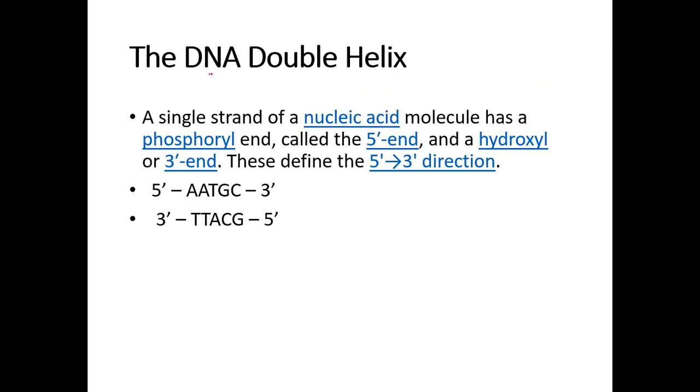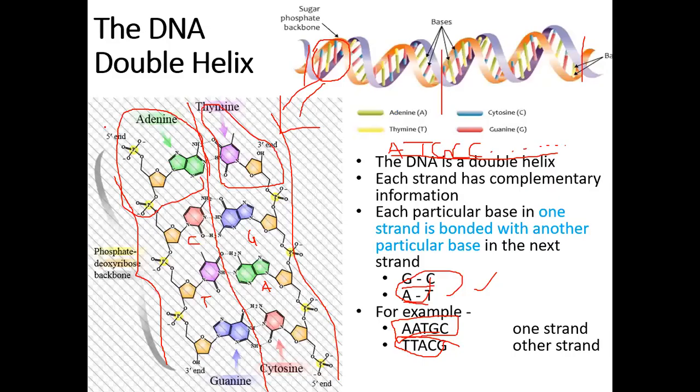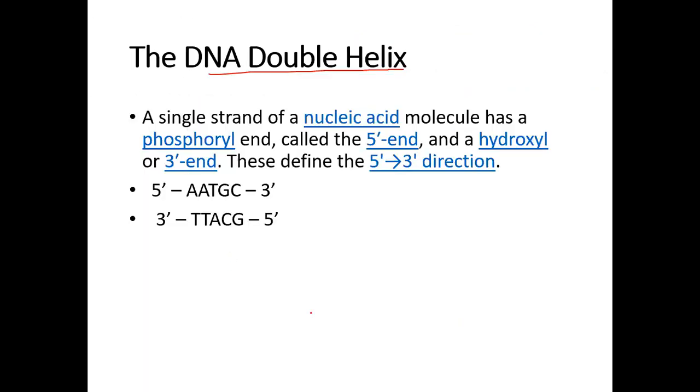This DNA double helix has a phosphoryl end called the 5' end and a hydroxyl end called the 3' end. This is the 5' end, this is the 3' end. Always in nucleic acids, you can see those ends.